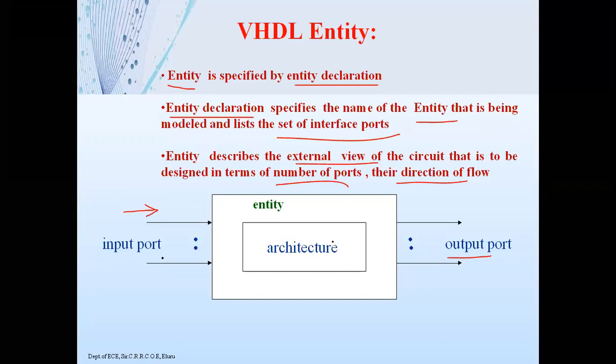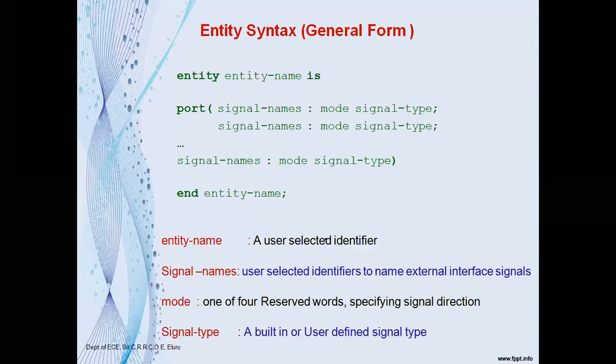Now in the VHDL language, the entity, architecture, configuration, package declaration and package body design units each have their syntax. So in VHDL, the entity syntax is shown here. The entity is a reserved word, followed by the entity name, then is, and a port. The port is regarding the input and output signals.